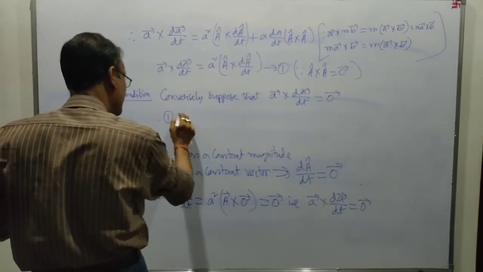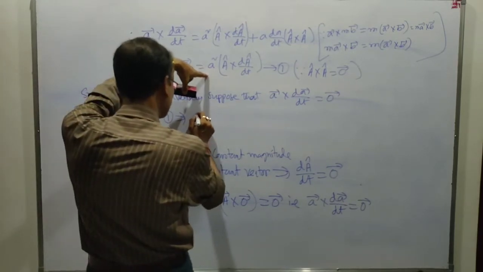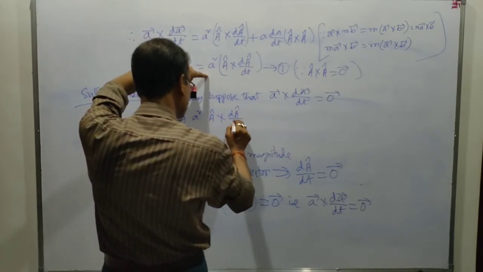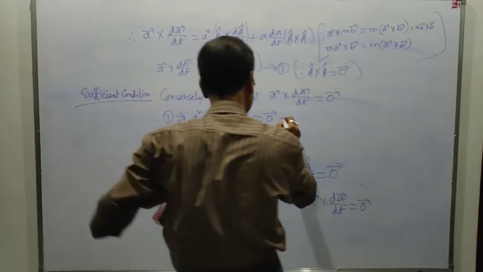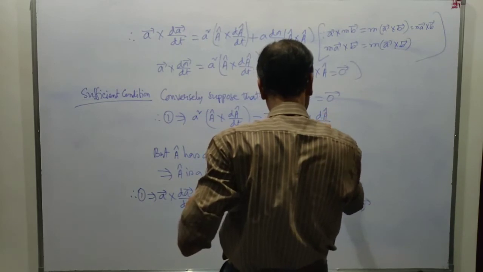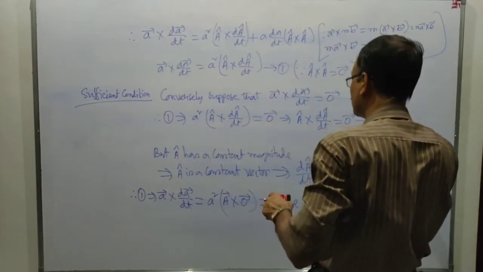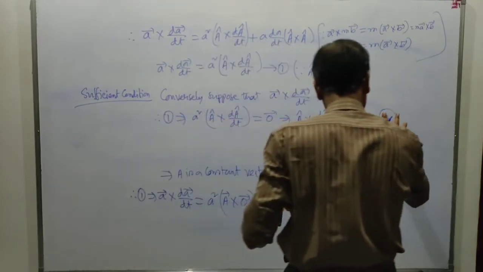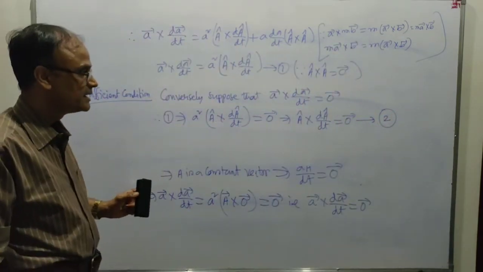Therefore, from 1 you will get A square A cap cross dA cap by dt equal to 0 vector. This means A cap cross dA cap by dt should be equal to 0 vector. Suppose this is number 2.